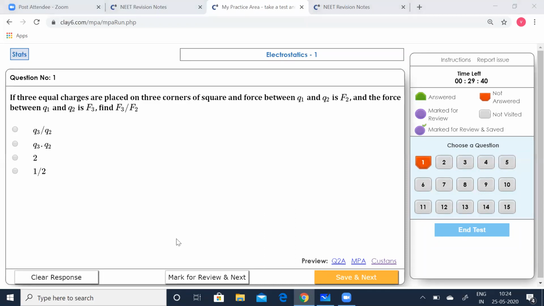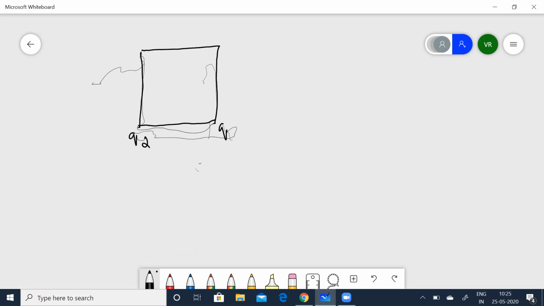All right, let's quickly solve this. First of all, let me draw the diagram. So let the charge be Q1 here, Q2 here, Q3 here, and Q4 here.